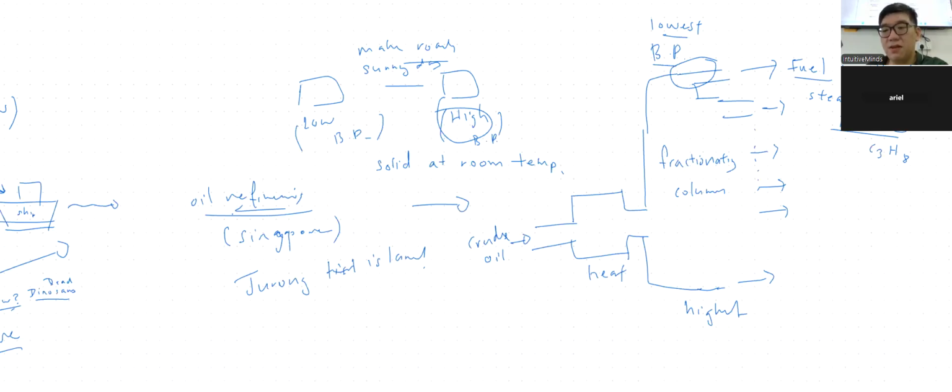C3 is considered a small molecule. Generally, C1 to C6 and all that are considered small molecules. Small molecules will have low boiling point and melting point.